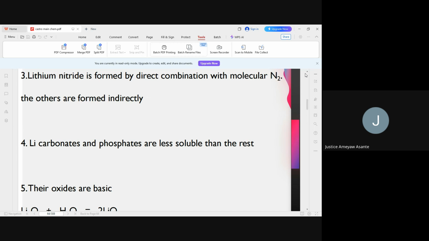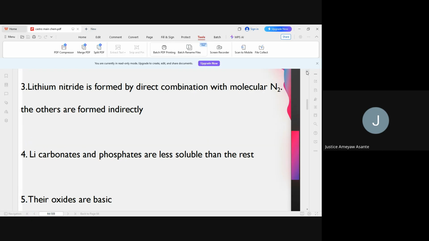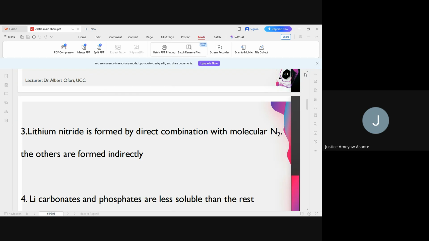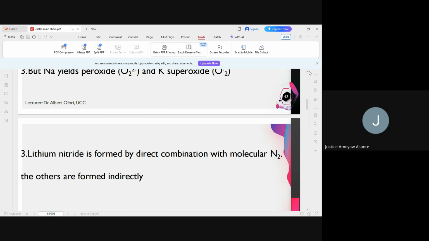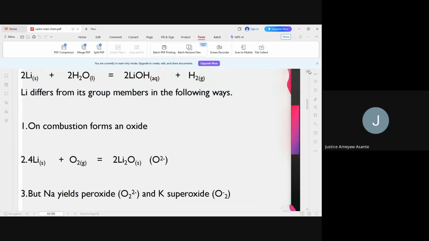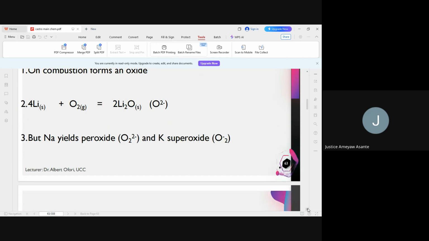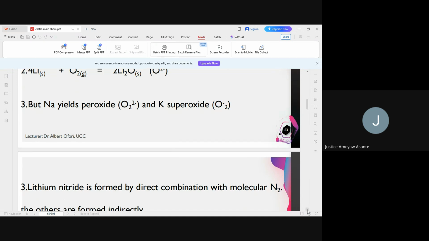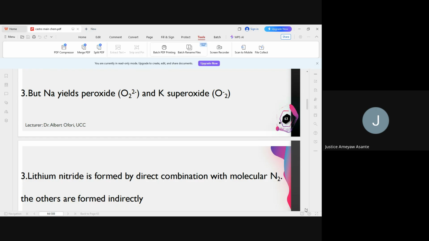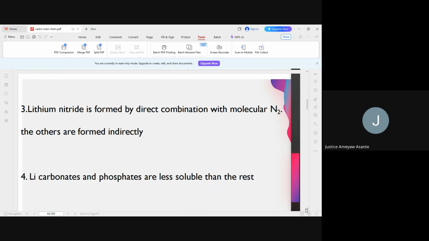So we are now listing the properties of lithium which other group 1 elements do not have. One of them is the oxide that it forms. It only forms one type of oxide, the one in which oxygen shows an oxidation state of -2. Then it can also form a compound with nitrogen directly, which gives you lithium nitride.